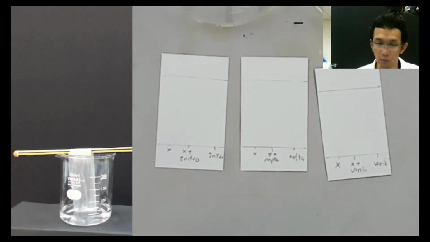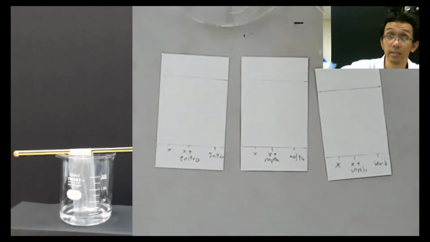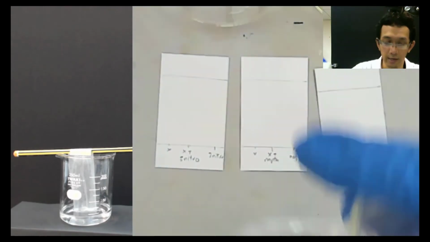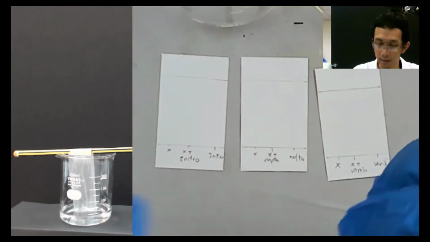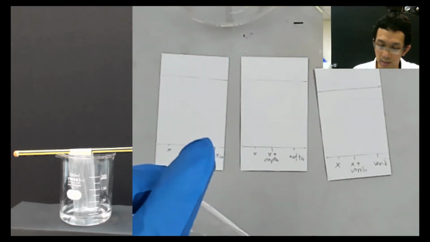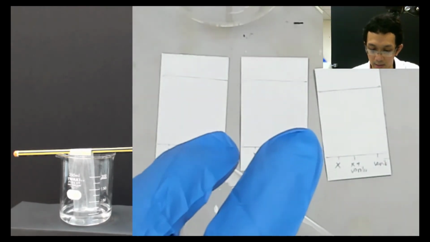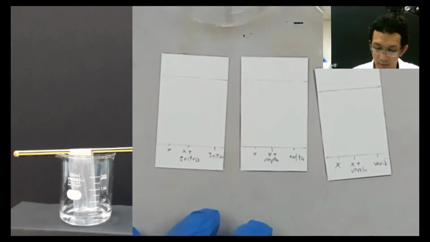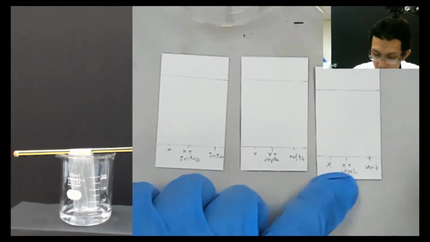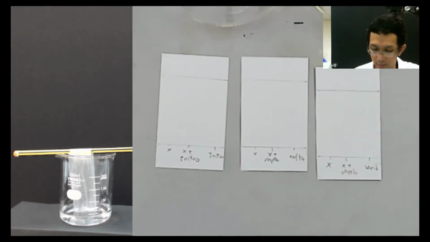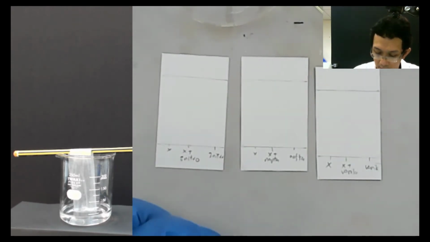So we continue with the last, which is vanillin. Okay, this is vanillin. So I take a new spotter now, and then do the vanillin here. Okay, that's enough. And then maybe here.